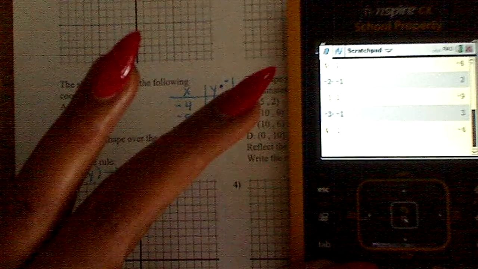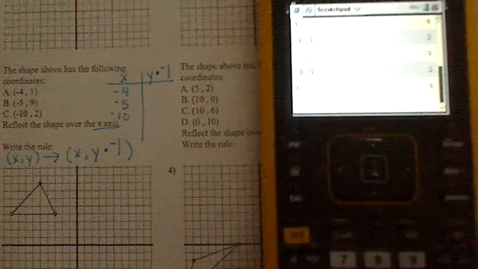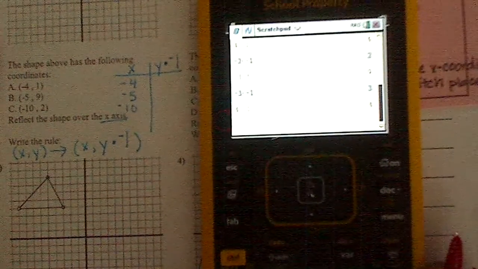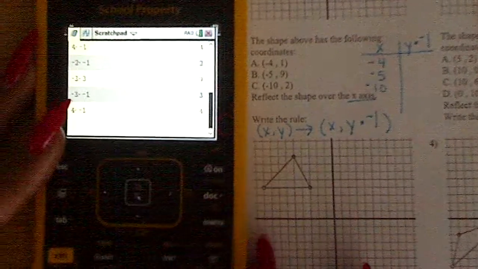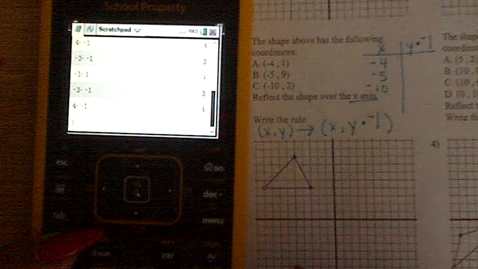Oh, let me adjust the calculator so y'all can see it. There we go. See the calculator a little bit better that way.